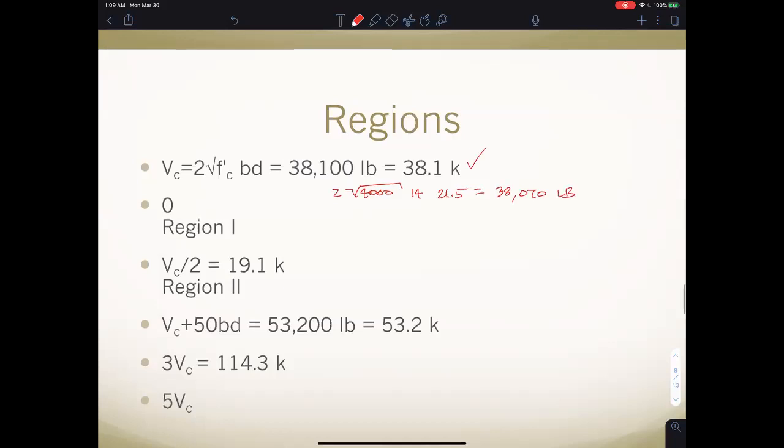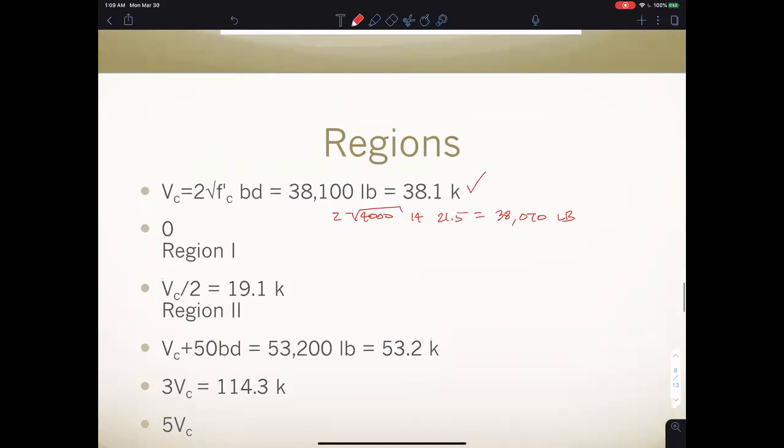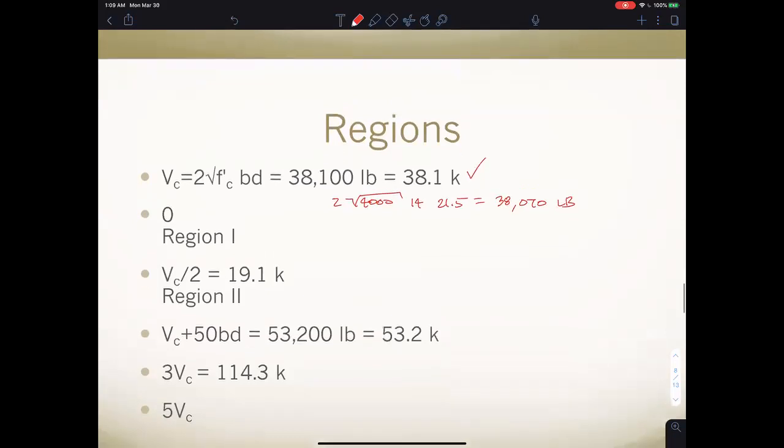Okay, so let's go back and put these numbers in. So 50 BD, let's do this one. So that's 38,070 pounds plus 50 times 14 times 21.5.